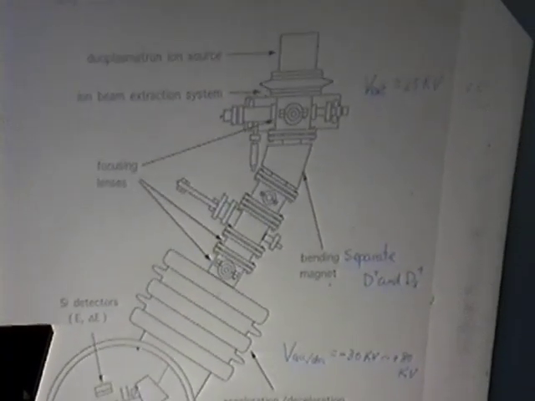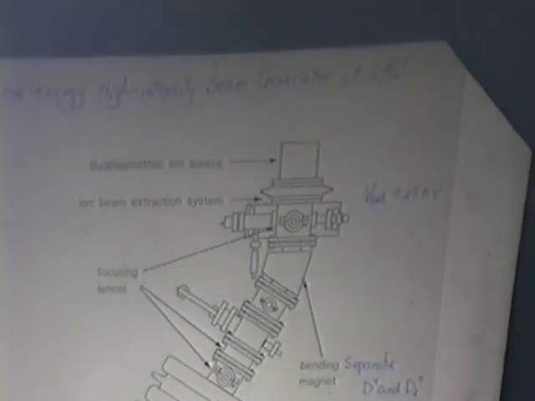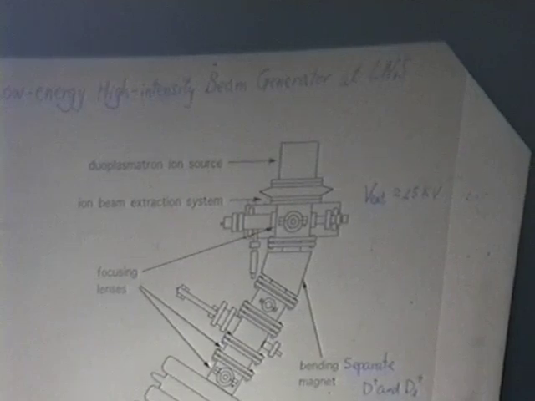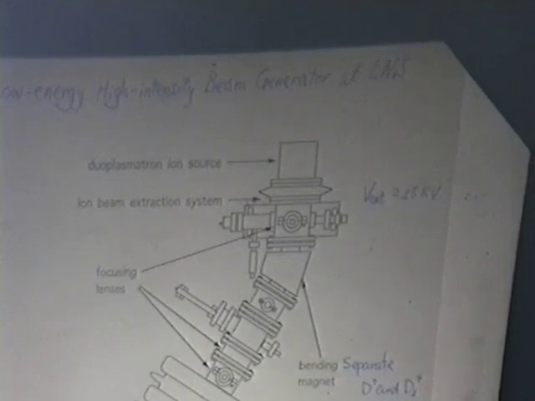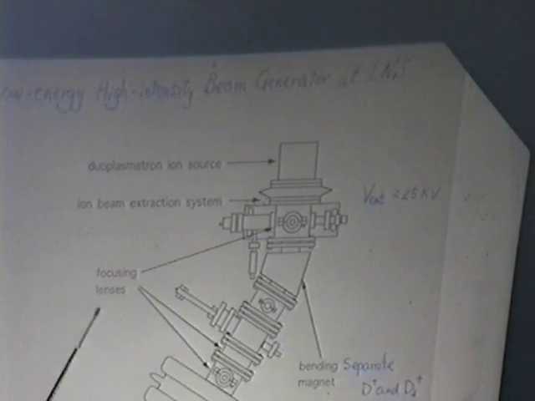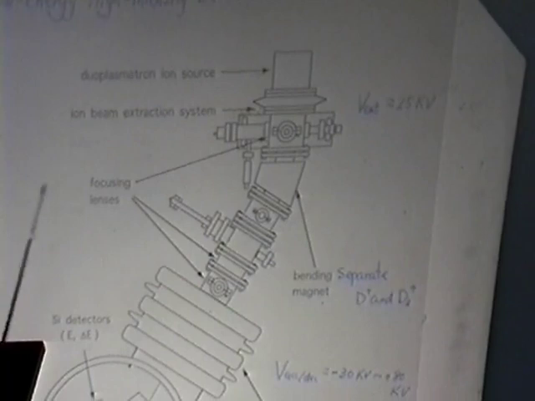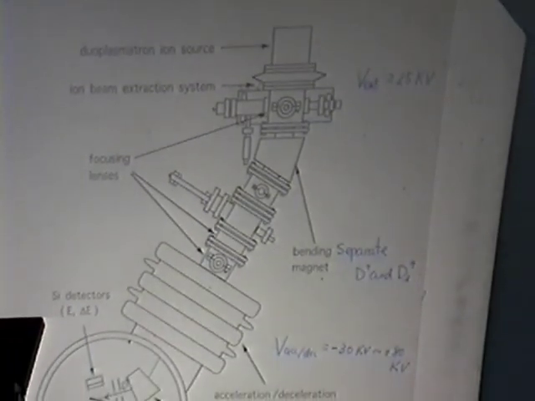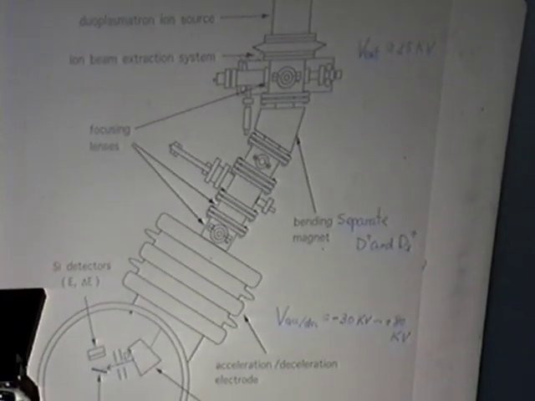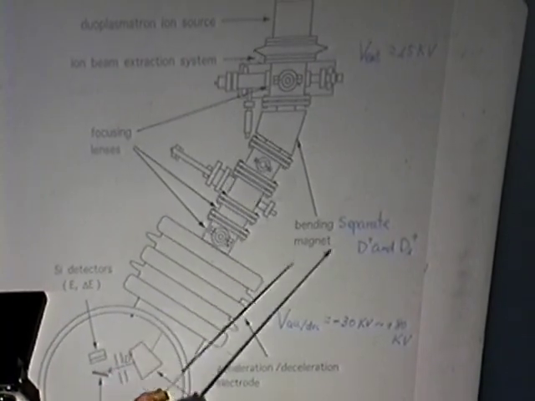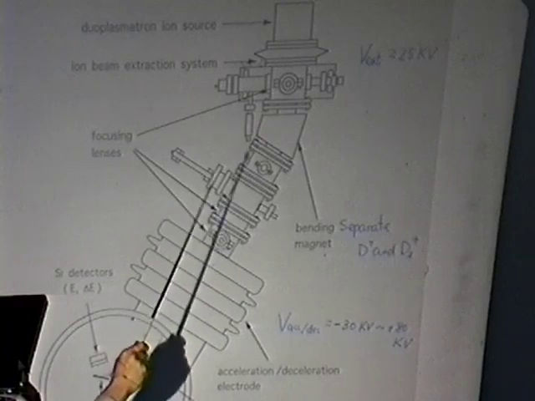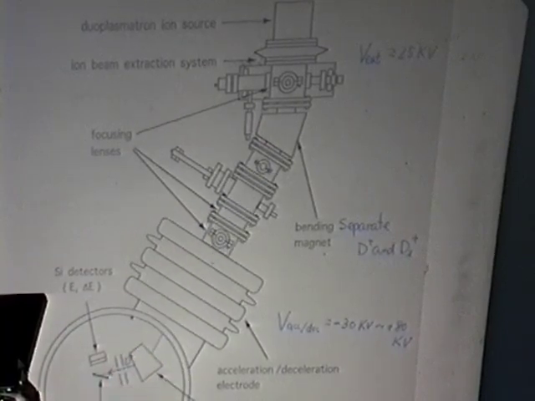This machine is very small, you can put it just on this desk. We make our D plus beam from a duoplasmatron ion source, and we separate the molecular beam and atomic beam using this bending magnet.